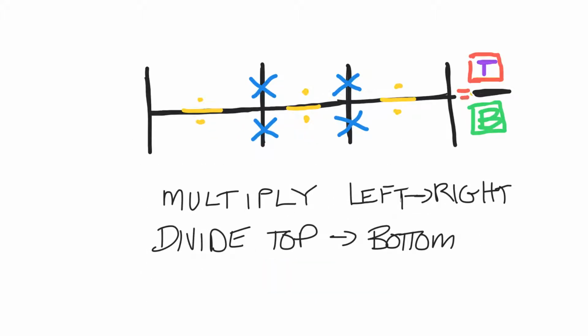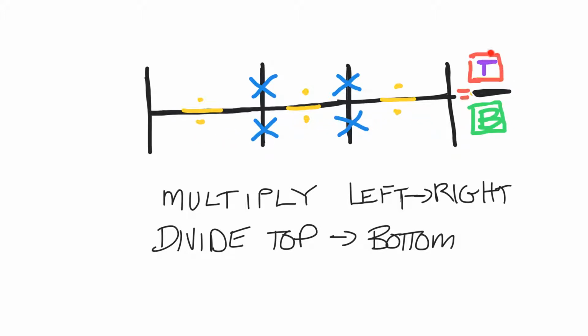Okay, so when you look at a picket fence, there's a couple of things that you have to realize. Bottom line is it's just a bunch of fractions that are being multiplied by each other. Each picket fence section is just a fraction. So it's like 1 over 2. So how do we do this? We're going to multiply everything in the top boxes together. And then we're going to multiply everything in the bottom boxes together.